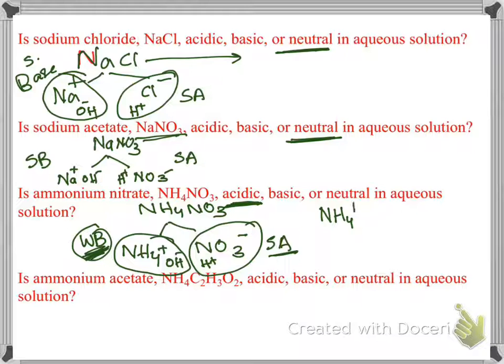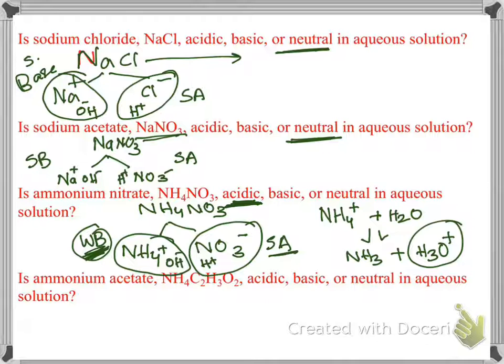So this is my NH4 plus in the water. Put it in the water and write down the reaction. What is produced? A strong conjugate acid, and that's why the solution is acidic.